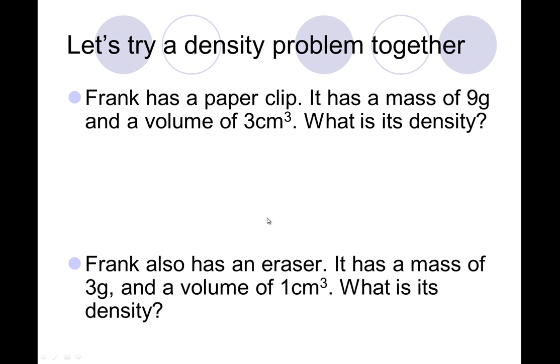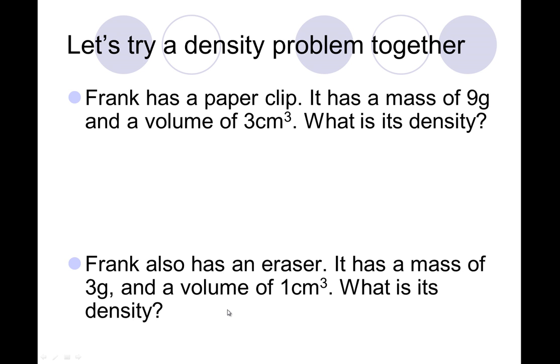Alright, so let's try a couple math problems together. Frank has a paperclip and it has a mass of 9 grams and a volume of 3 cubic centimeters. What's its density? Well, 9 divided by 3 is 3, and the units were grams over cubic centimeters. So the answer is 3 grams per cubic centimeter. Alright, let's try the second problem. He has an eraser.